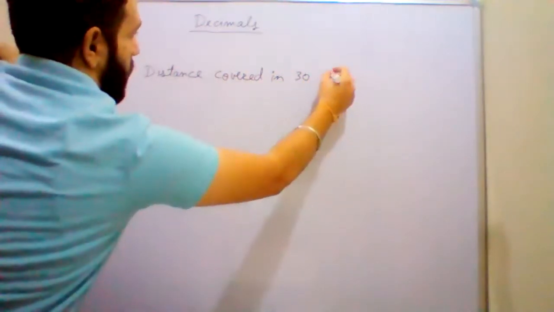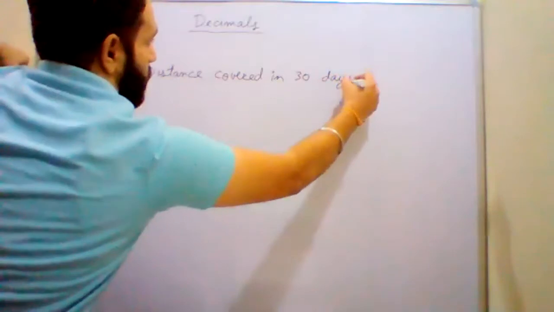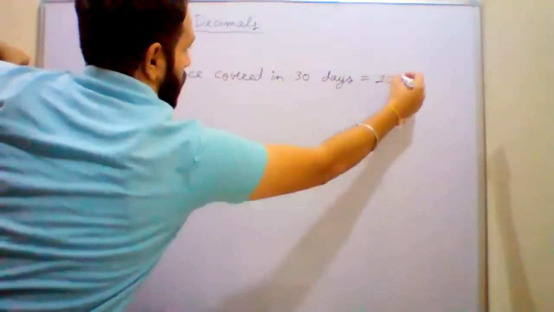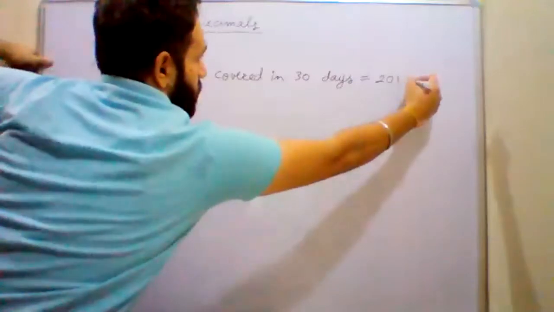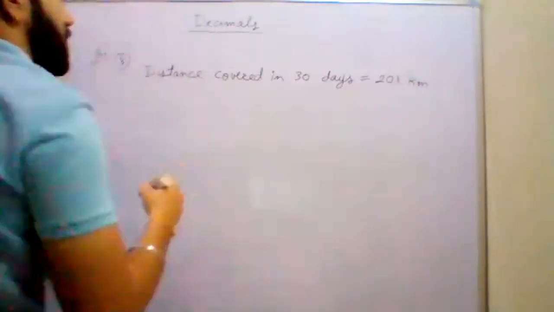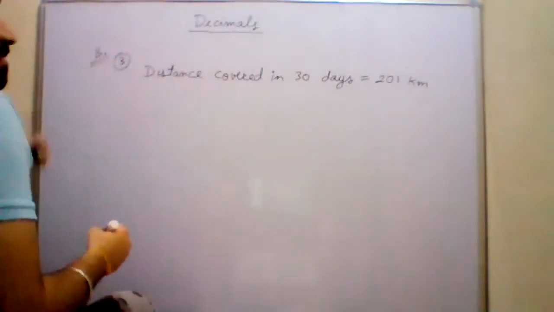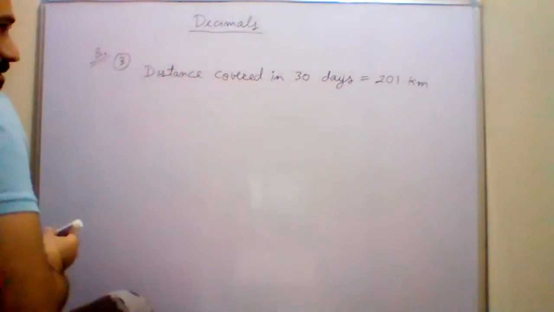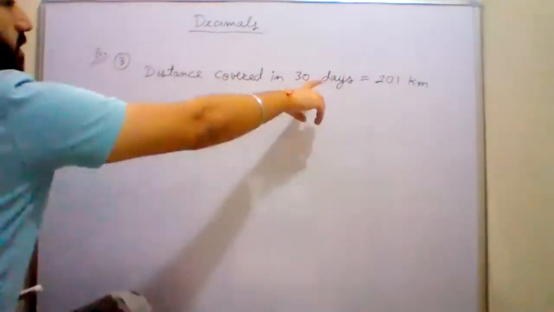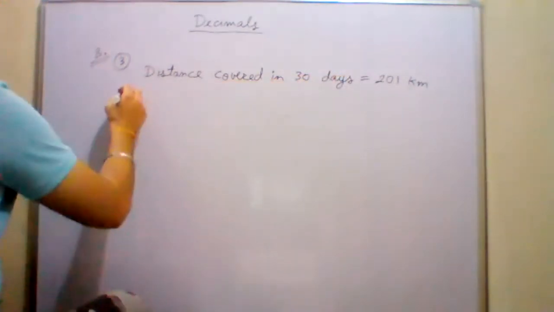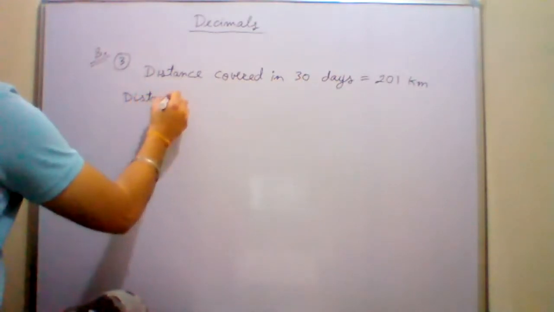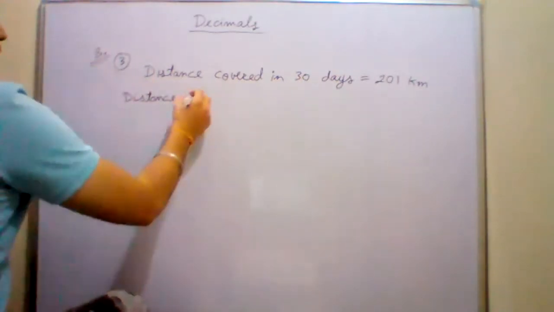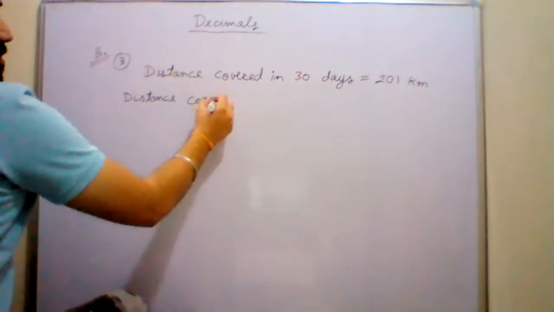It is given 210 kilometers. 210, sorry, 201 kilometers is distance covered. Sir, now the second statement is distance covered in one day. Distance covered in 30 days, 201 kilometers. Now, sir, the answer is 6.7 kilometers.